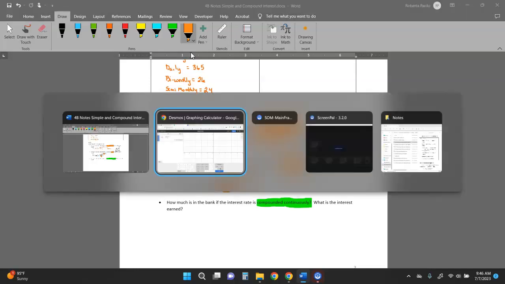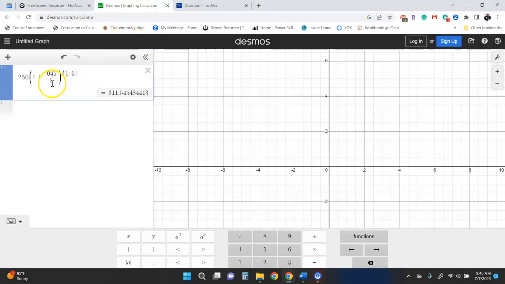So going back to Desmos, I can just change my 1s to 12s, and I have a new dollar amount of $312.95.